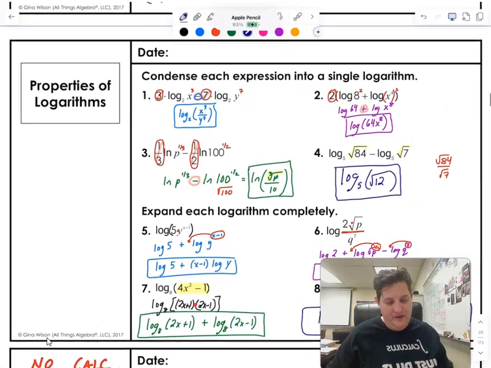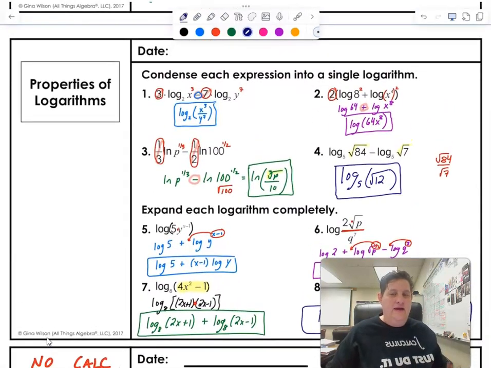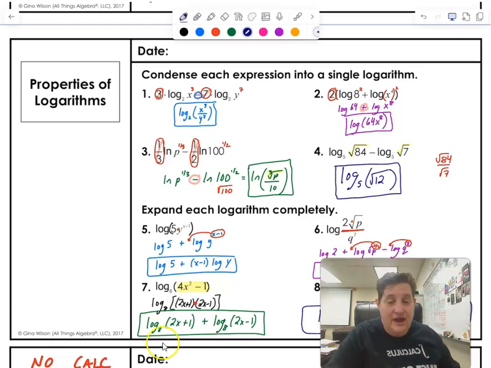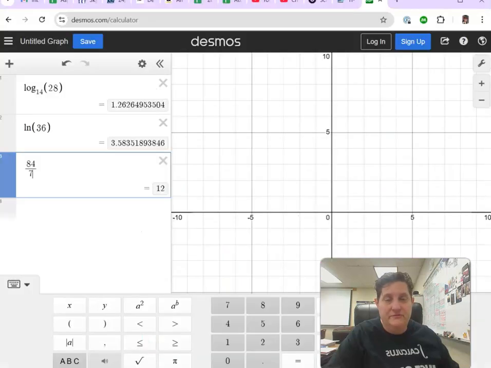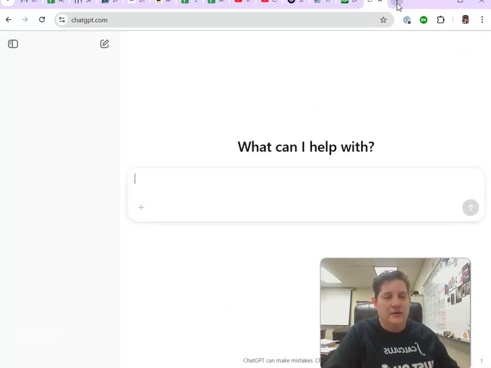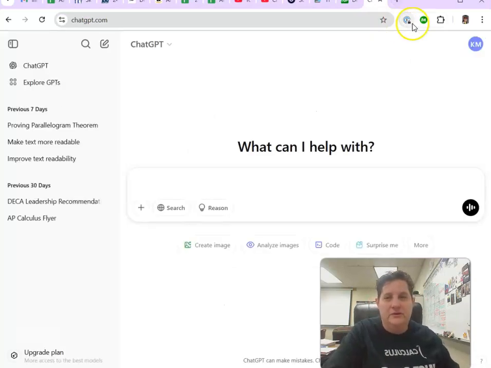Now, I told some of you this, but you can actually have ChatGPT make you some practice questions if you feel like that was not enough practice. I think this is a really useful tool that you can use for learning math, making more practice problems, and not just using it to try to cheat.